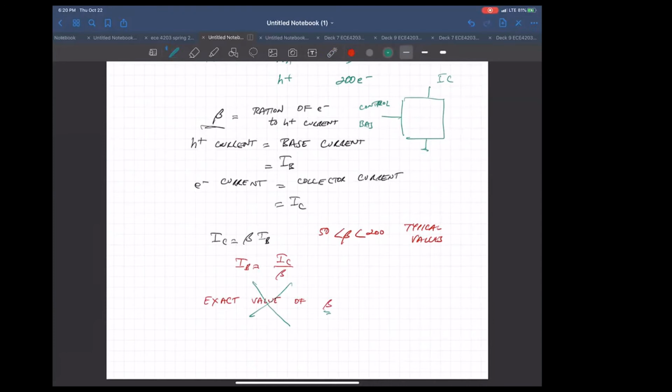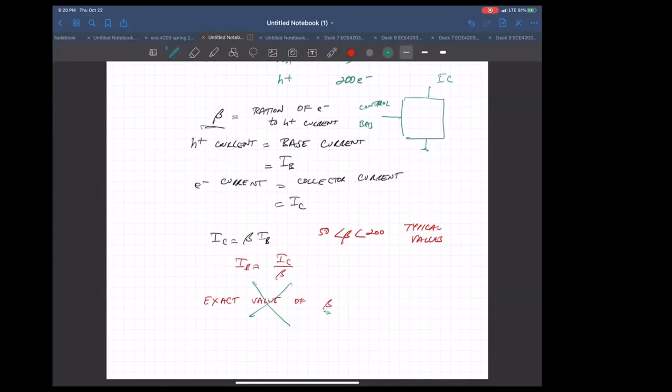You can count on beta, and you'll see this in a lot of circuits, you count on the beta being a high value, but do not count on it being an exact value. This is when you design a product, because you'll even see it in the lab, right?